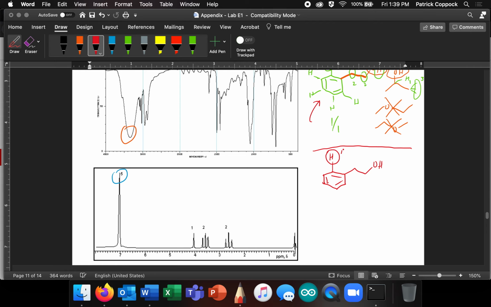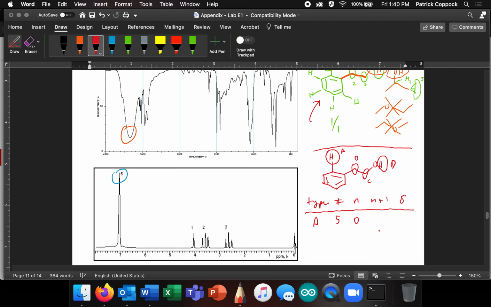Okay, that'll be hydrogen A. That'll be hydrogen B. That'll be hydrogen C, and that'll be hydrogen D, right? So type, number, n plus 1, and shift. Okay. So let's go here and say type A. There are 5 that are A. They have 0 neighbors.